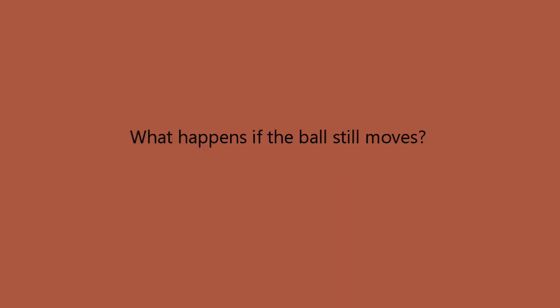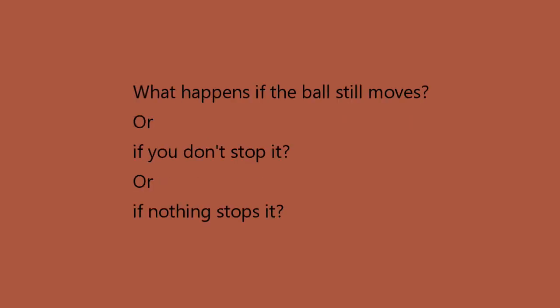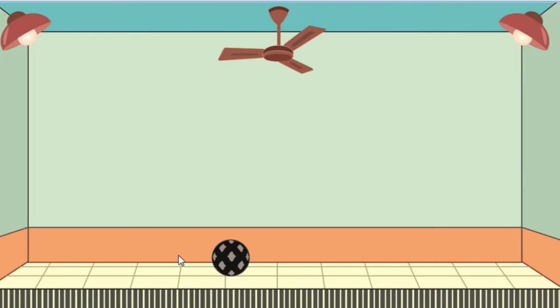What happens if the ball still moves? Or if you don't stop it? Or if nothing stops it? Or if nothing changes its direction? If it moves along the same straight line, but in the opposite direction from the original position, don't worry. Just say that the direction is negative in this case.